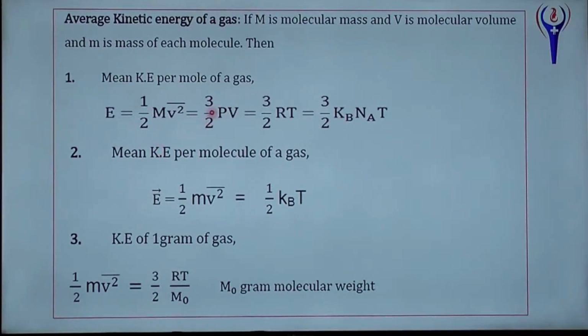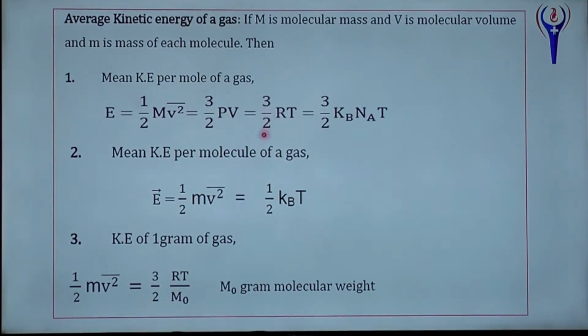And this is equal to 3 by 2 RT or 3 by 2 kNT, or equal to 3 by 2 PV. That is work done equal to pressure into volume. P is the pressure, V is the volume.